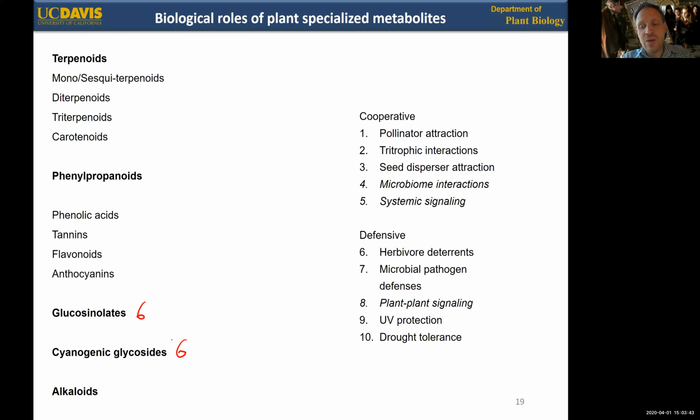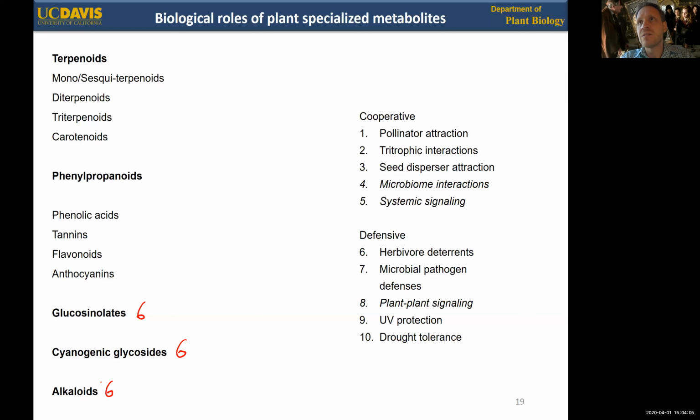Alkaloids, actually not all that much is known. We do know that nicotine, for example, as one of the major alkaloids, is very effective in herbivore deterrence against tobacco-specific caterpillars. So again, number 6 here would be relevant. But there is little research on the physiological relevance of alkaloids.